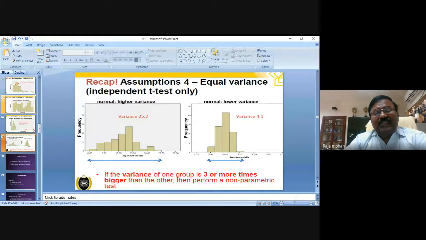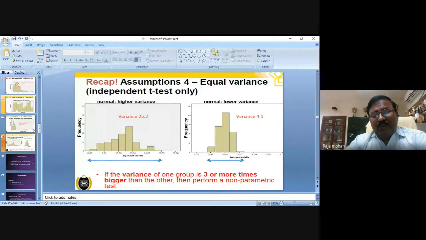Normal, for that we can have, see this another one, assumption number 4, equal variance. Here we can have some kind of normality, so we can very well use it, but there we have ups and downs, and we have a lot of variance.